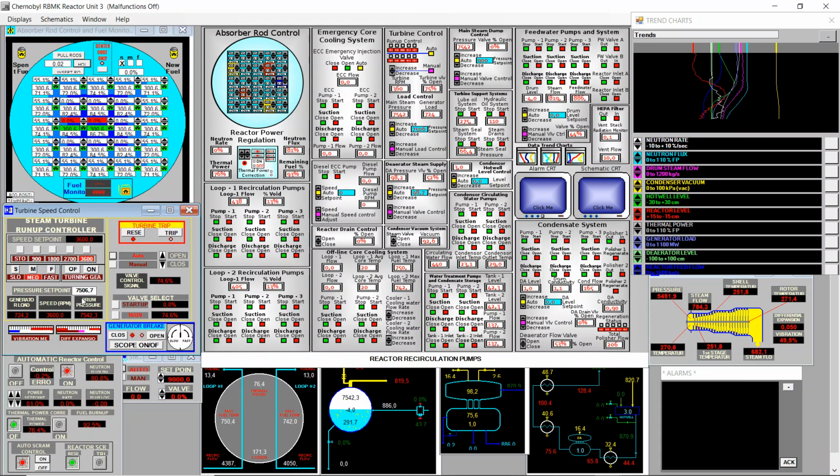Okay, exactly above the limit, so we don't get the alarm, and then will be the closest possible to the pressure set point to reach the maximum power.